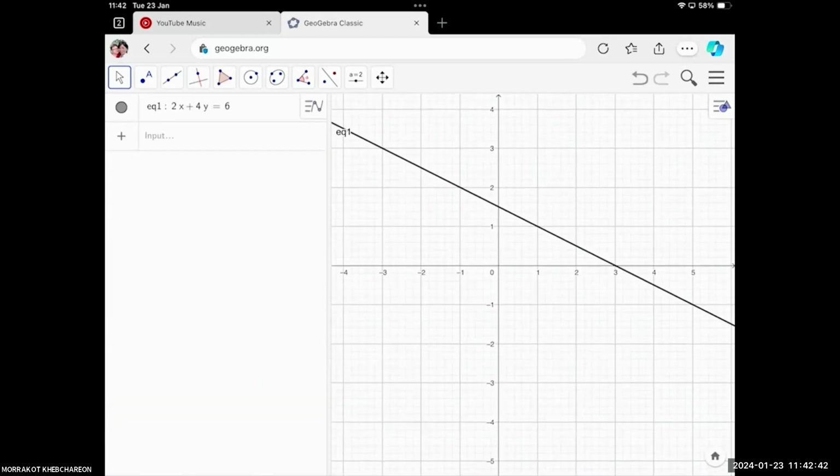This line is the equation 2x plus 4y equal to 6.